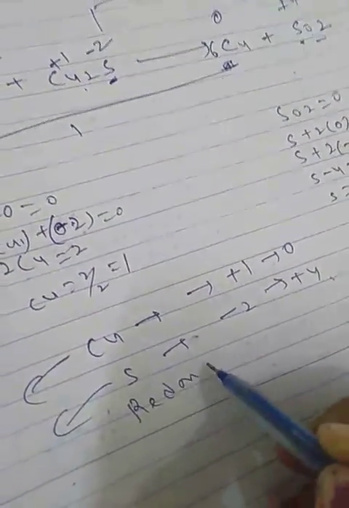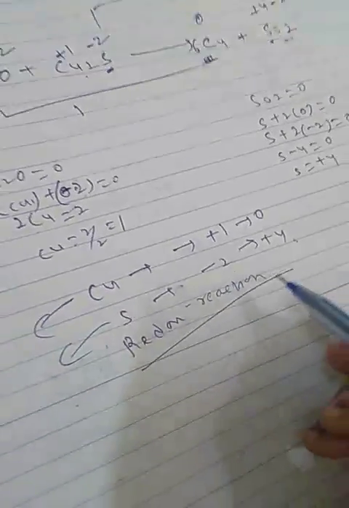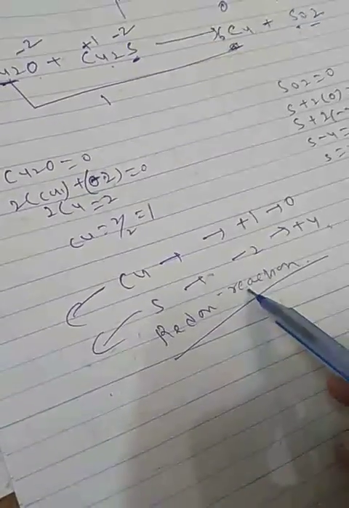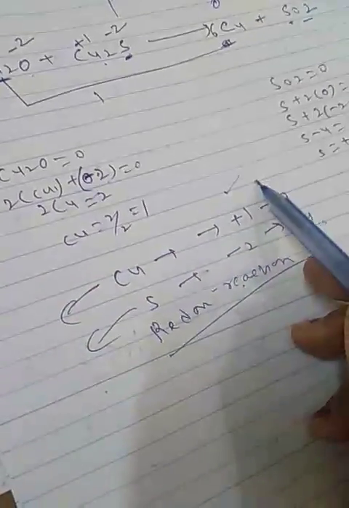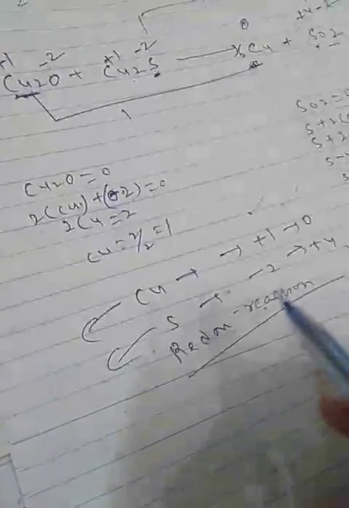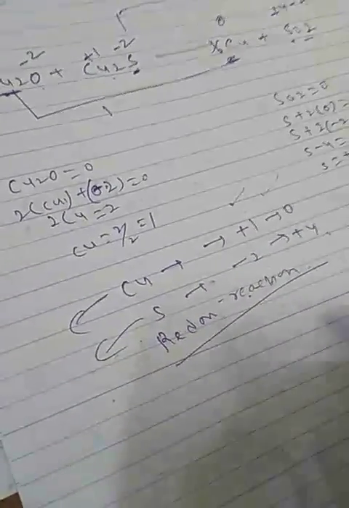Okay. How we have to balance it, we will do in the next topics. But you only have to prove that this is a redox reaction, because if somewhere the oxidation number is increasing or decreasing, that reaction is called a redox reaction.